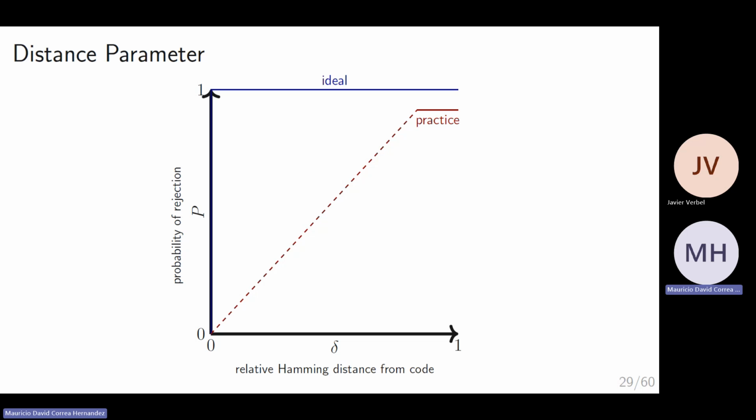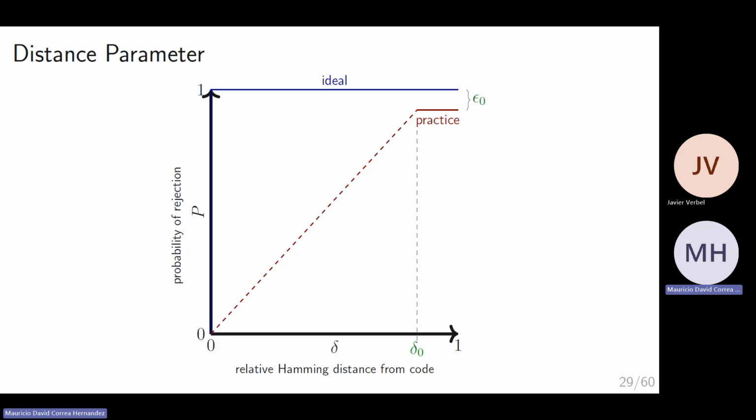Then we can approximate this ideal decision power. The difference between the red line and the ideal blue line is the epsilon, and we know that this is negligible. The problem from this graph is we can only get to this negligible point if we ignore all the vectors that are somewhat close to the code but not quite in it.